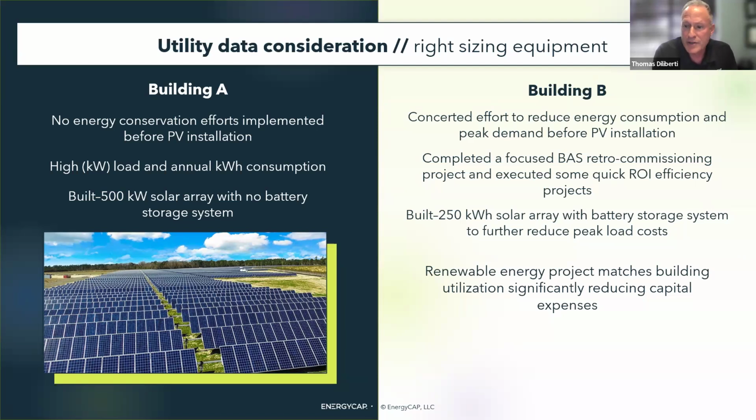And so the renewable energy project matched the building utilization and significantly reduced the capital expense. This is my point in the energy pyramid, why renewable energy has to be at the top. If you jump into these renewable energy projects before doing other things in the buildings, many times you're oversized and you're spending money that you don't get the maximum benefit from. So consider that as you're planning projects.